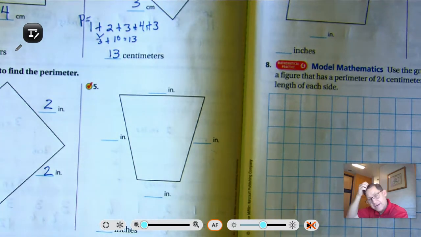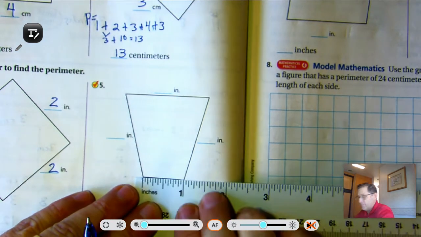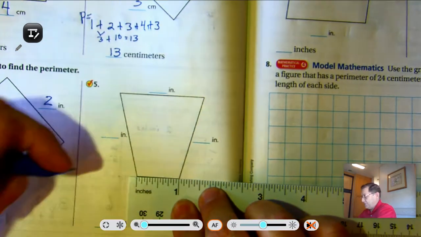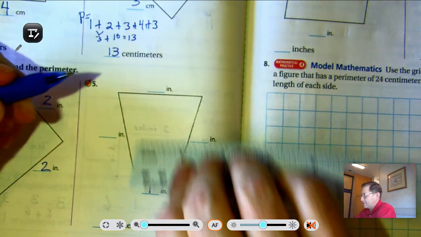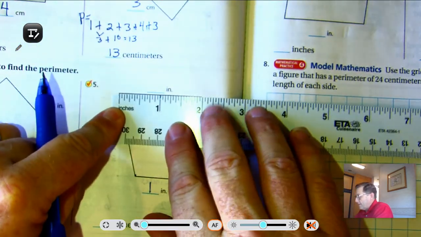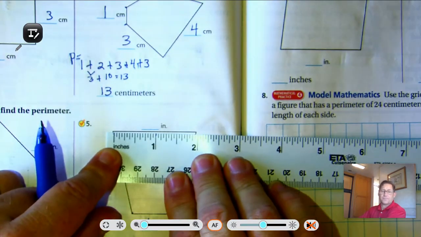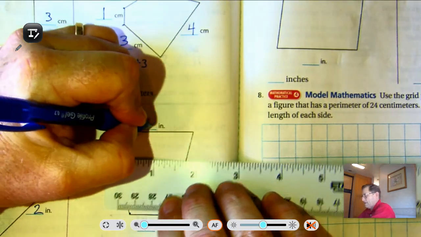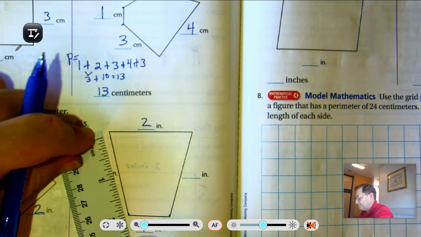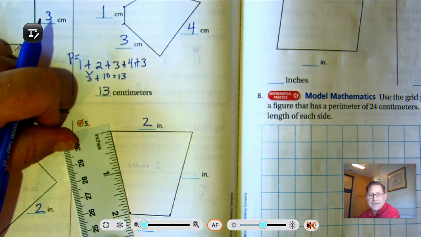All right, number 5. Now this is not a rectangle, so the opposite sides are not going to be equal. So we're going to have to measure all 4 sides. The bottom is at 1 inch. The top is not going to be 1. It's 2 inches. It stops right at 2. The left side also stops at 2.